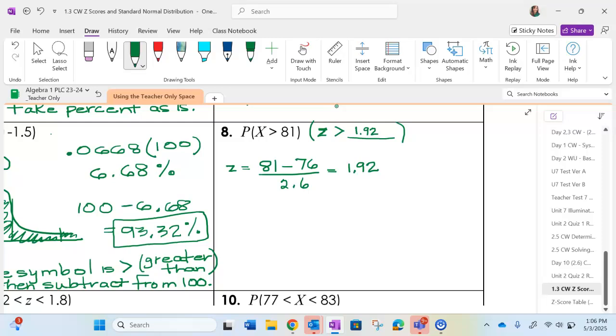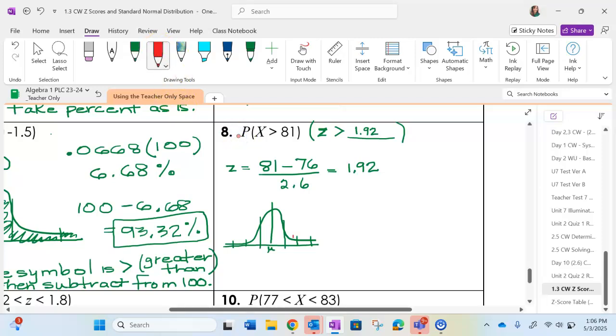So now I know this can go up here. That's what we need to find. If I was going to draw a picture, I know this is my mean. I have 1, 2, 3 standard deviations, 1, 2, 3. Now it's positive 1.92, so it's almost here. I'm going to use a different color.